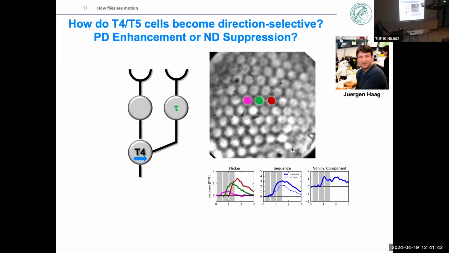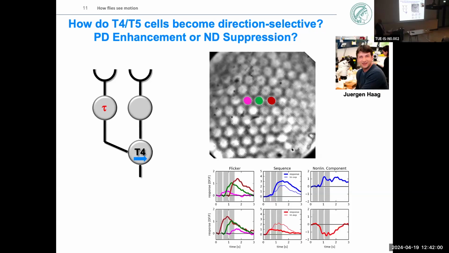The nonlinear component is positive, right? So that clearly speaks for Werner Reichardt and Bernhard Hassenstein's idea about preferred direction enhancement. But when Jürgen inverted the sequence, moved the dots from the right to the left, then he saw a clear sign of null direction suppression.